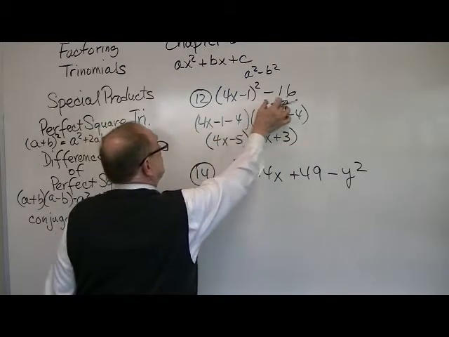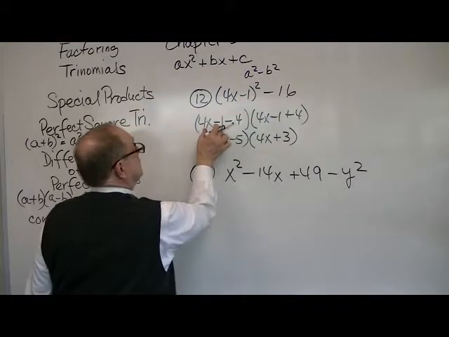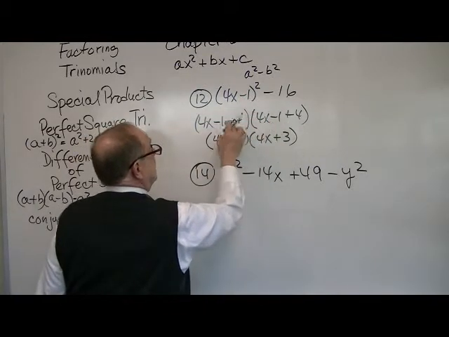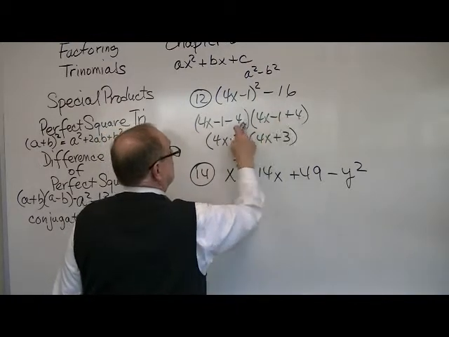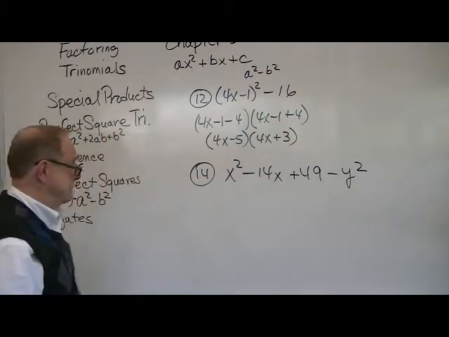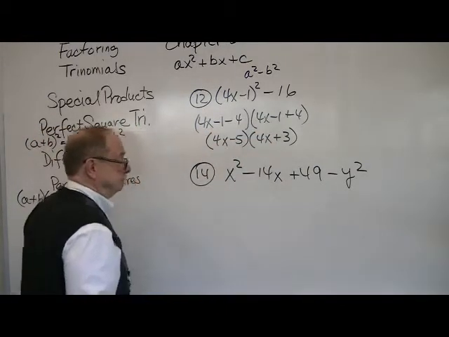So factoring this, noticing it's in this special form, this goes there, and then the conjugates, negative and plus 4. And then you combine like terms.